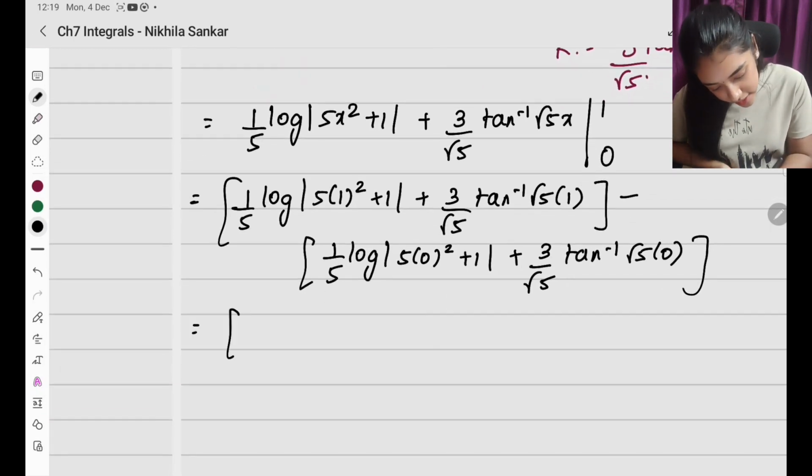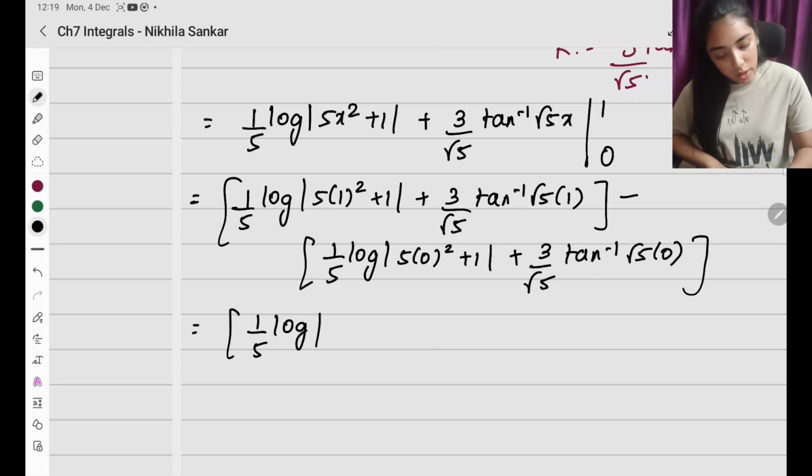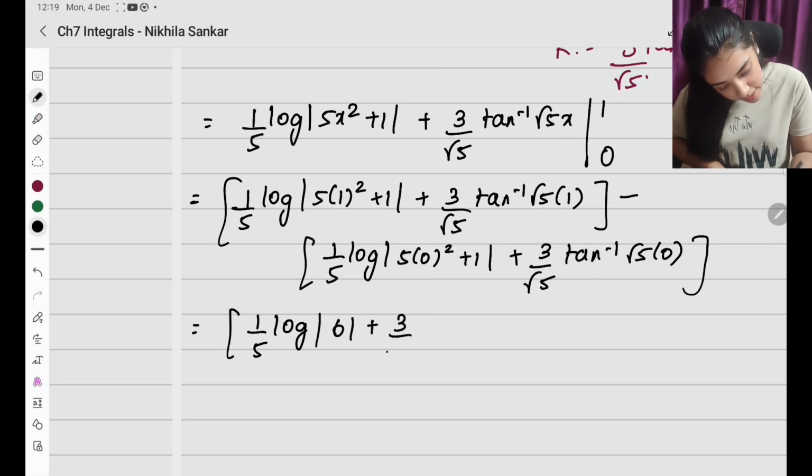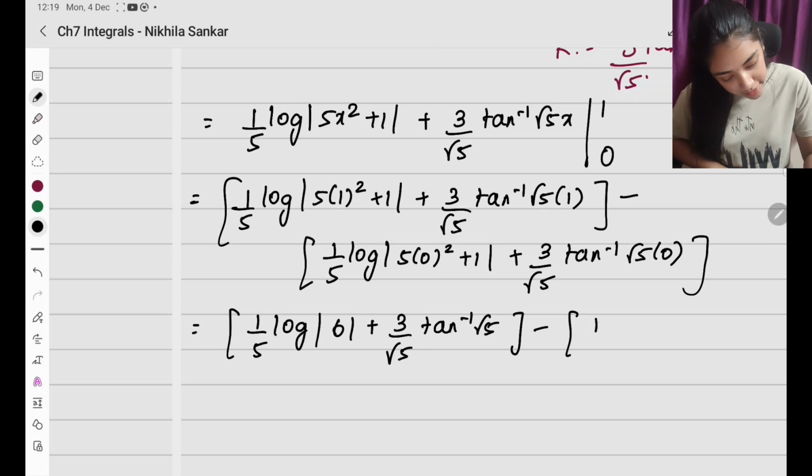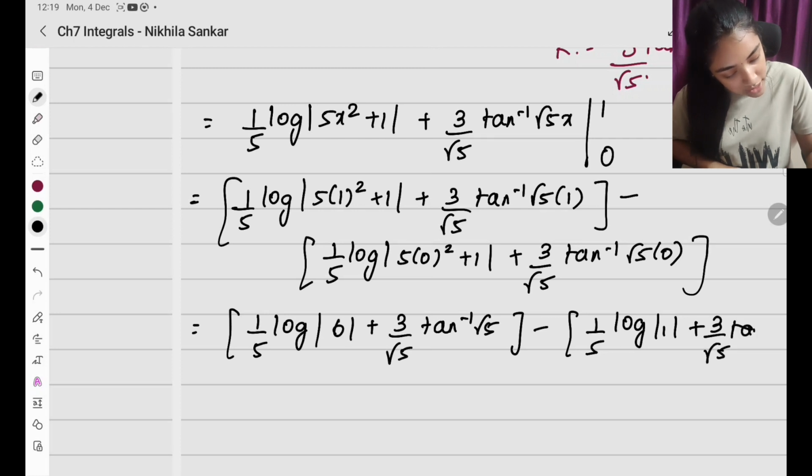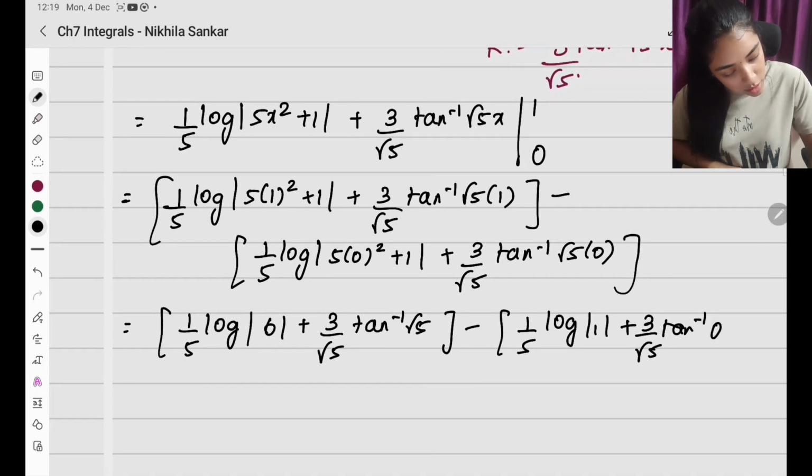Now what do I have inside? I have 1 by 5 log mod 5 plus 1, which is 6, plus 3 by root 5 tan inverse of root 5, minus 1 by 5 log mod 1 plus 3 by root 5 tan inverse of 0.